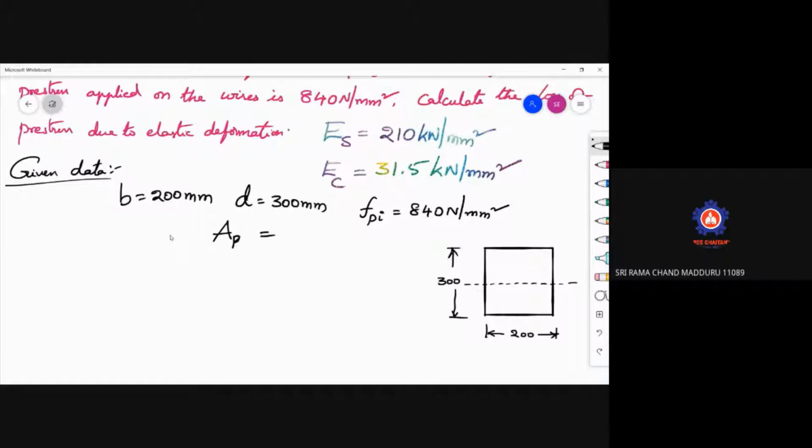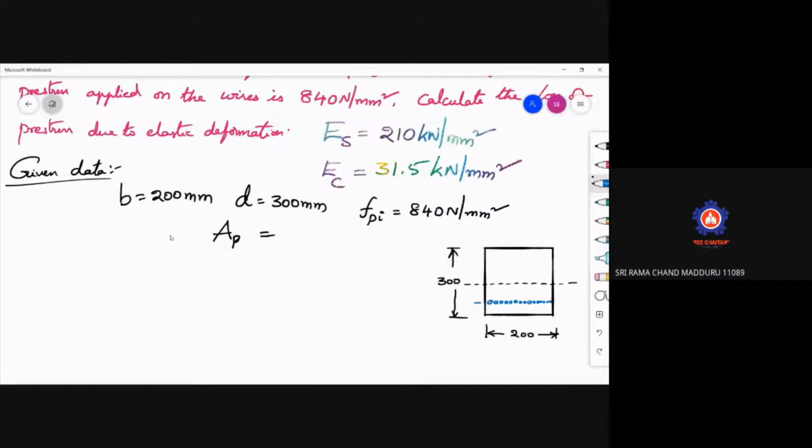Now, just go to the problem and check it. 15 number of wires of 5 mm diameter are located 65 mm from the bottom of the beam. So 65 mm from the bottom of the beam, the number is 15. If you observe here, there are 15 wires like this.